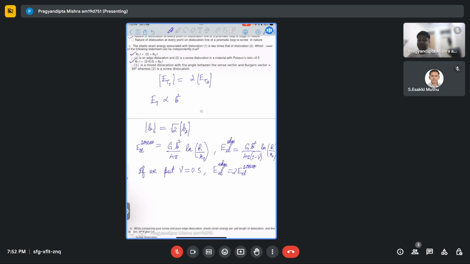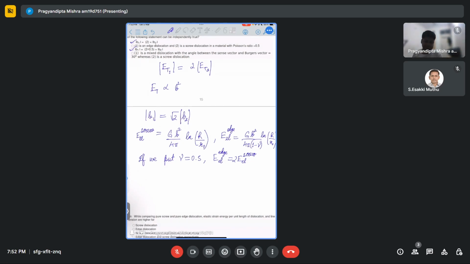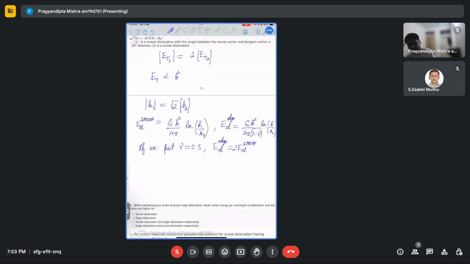Now, the last option, option D, they're asking us about mixed dislocation characteristics. If I substitute for this particular case, for the elastic energy of a mixed dislocation, I will have Burgers vector at 30 degrees, whereas 2 is a screw dislocation. 1 is a mixed dislocation.